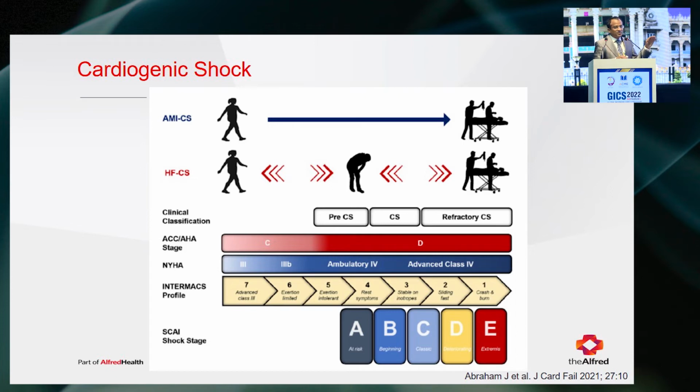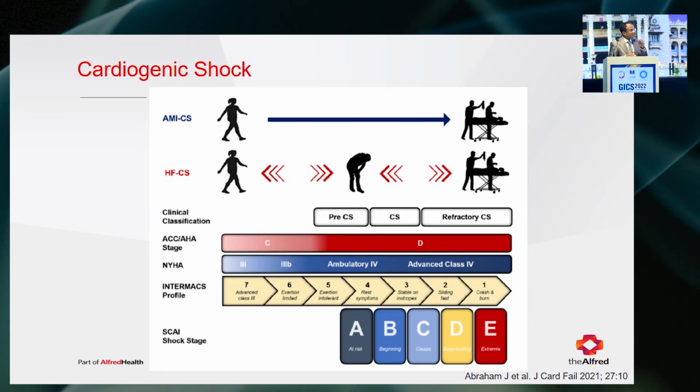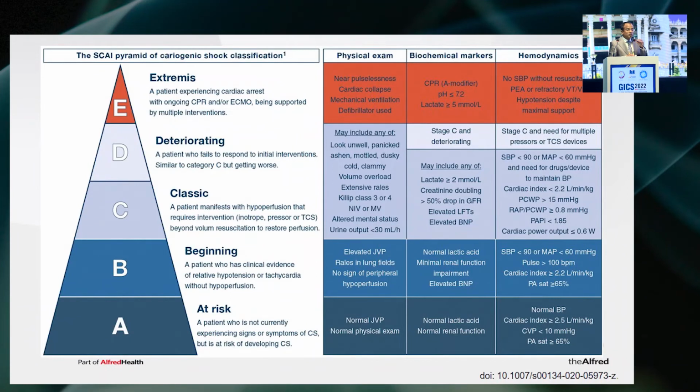There are various classifications, including the INTERMACS profile for the chronic heart failure patient. The one I want to talk about in this presentation is the SCAI. SCAI stands for the Society for Cardiovascular Angiography and Interventions guidelines for shock state, or the classification of shock state, which they divide from A to E.